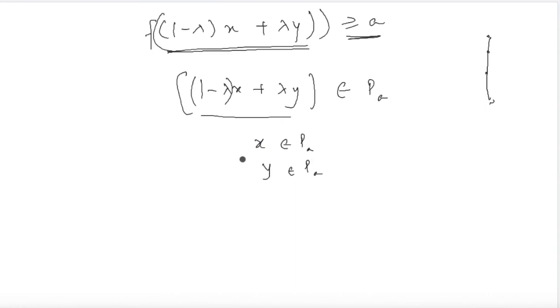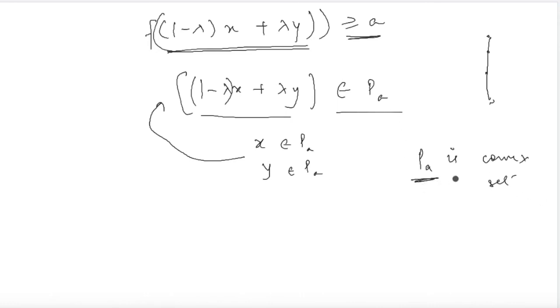And we've just proved that PA is in fact a convex set, because we assumed x and y belong to PA, and we have proved that (1 minus lambda)x plus lambda y also belongs to PA, which is the definition of PA being a convex set. Hence we have proved that PA is a convex set.